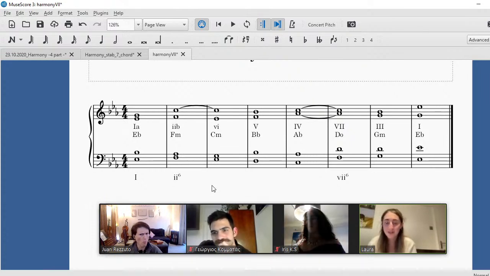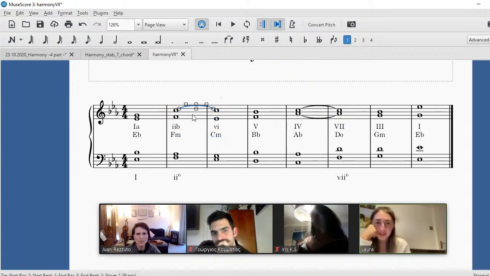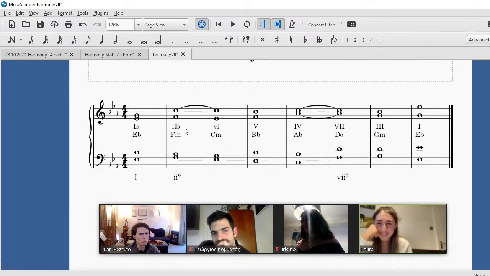Are we looking at the same chord here? A flat? This one is A flat. F, A flat, F and C? Are you sure of that? No, D flat. F, A flat, F, C. Sounds A flat major.